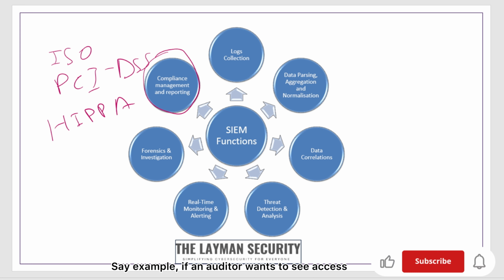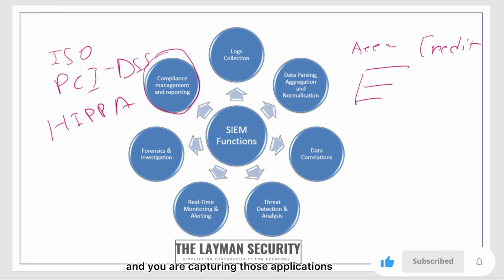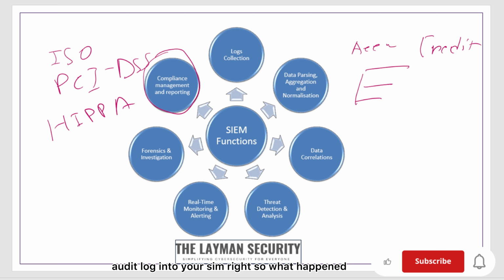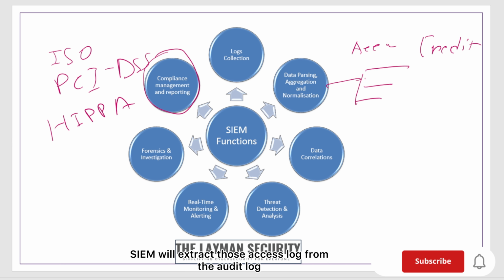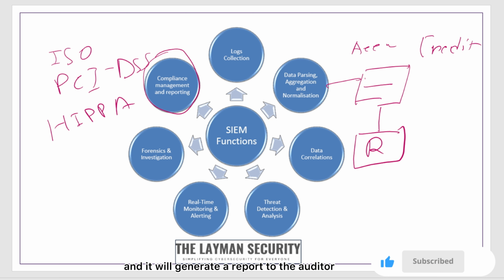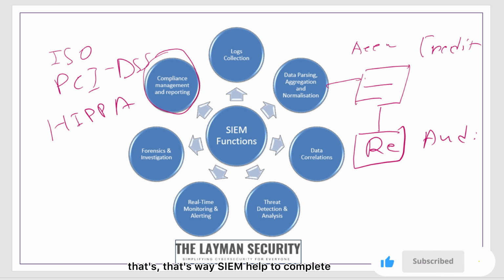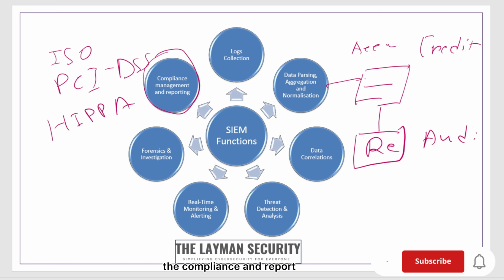For example, if an auditor wants to see access logs of credit card data, and you are capturing that application's audit logs in your SIEM, SIEM will extract those access logs from the audit logs and generate a report for the auditor. That's how SIEM helps to complete compliance and reporting.